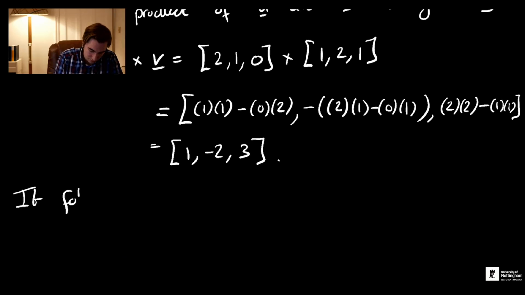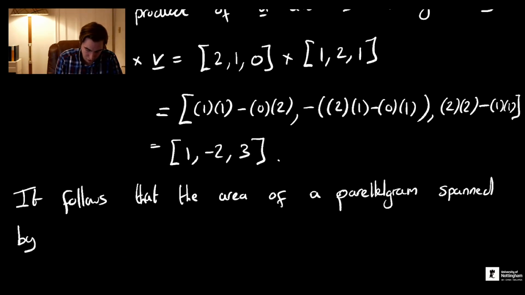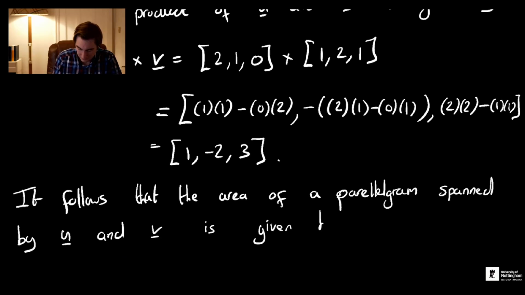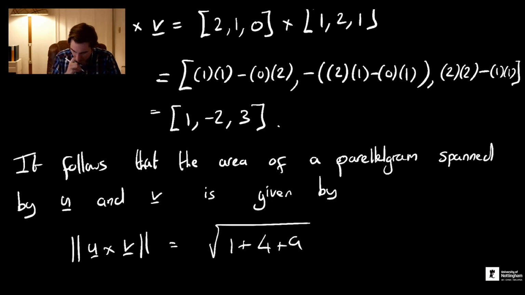So it follows that the area of a parallelogram spanned by u and v is given by the norm of this. So we take the norm of u cross v, which is the square root of 1 plus 4 plus 9. In other words, it is root 14. So that's tying together some of the previous bits to this part here.